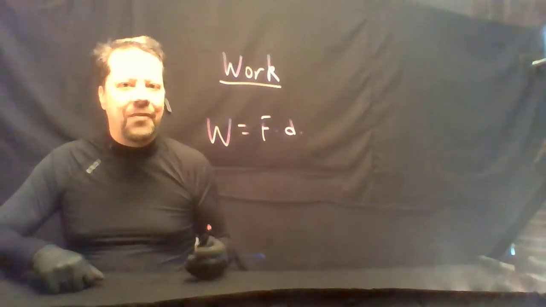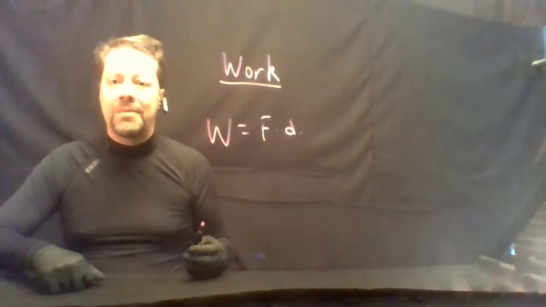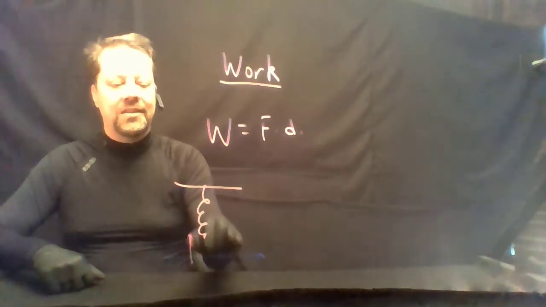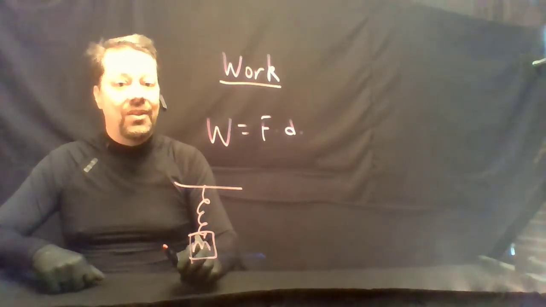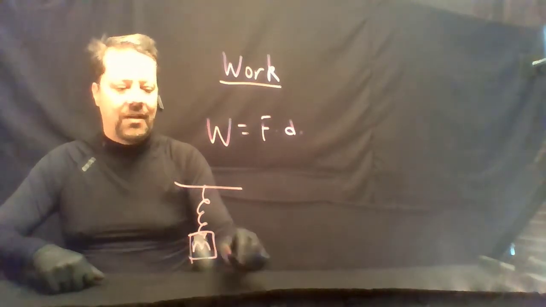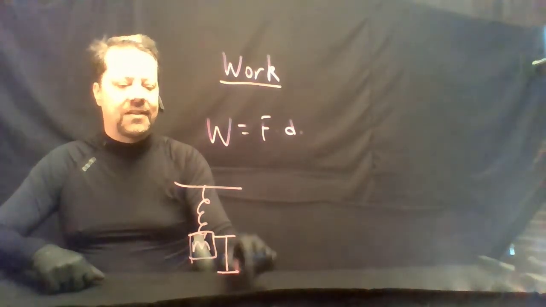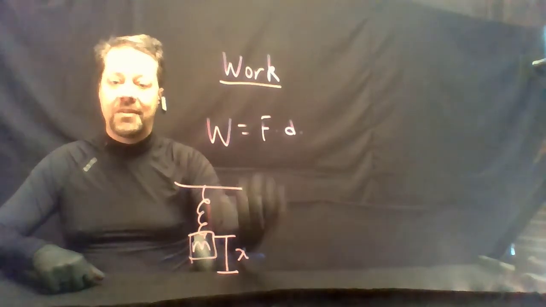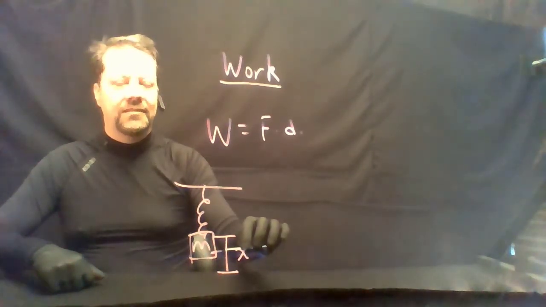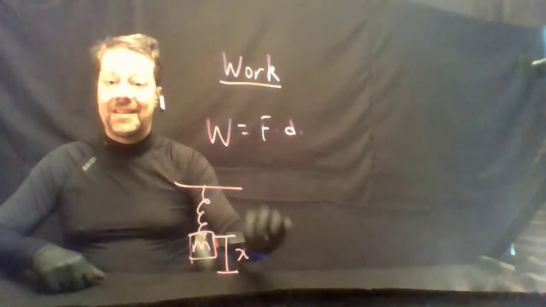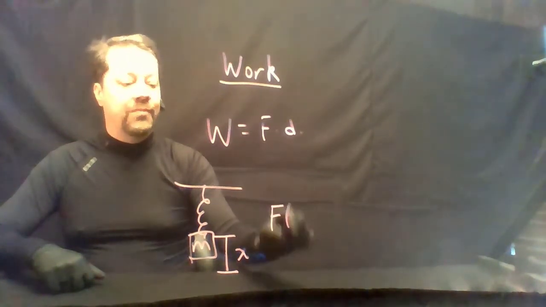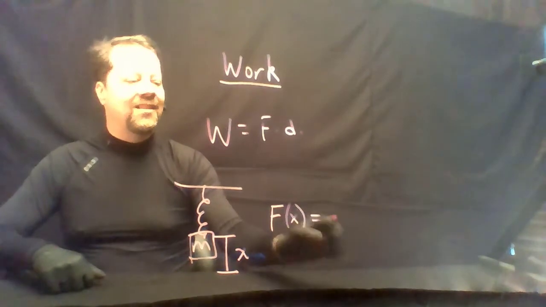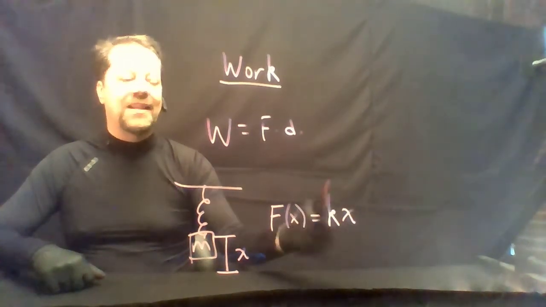But what if the force is variable? What if the force depends upon the displacement, much like it does with this mass on a spring? In this case, there's something called Hooke's law. If you stretch the spring some distance x from its equilibrium position, then the force, which will be a function of x, will be proportional to the displacement.